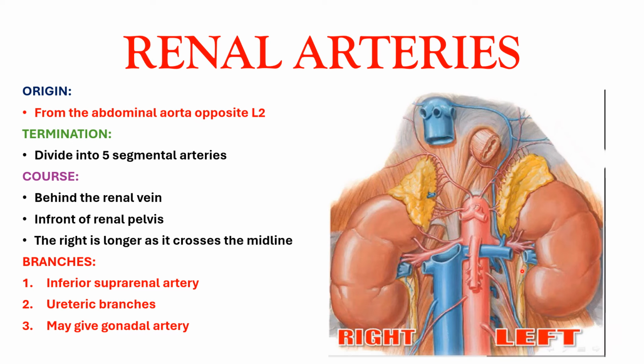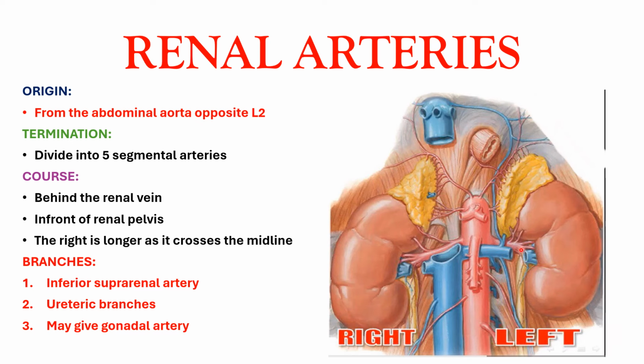This is the renal pelvis, and this is the renal artery. The right renal artery is longer than the left, because it crosses the midline. It looks longer than the left.